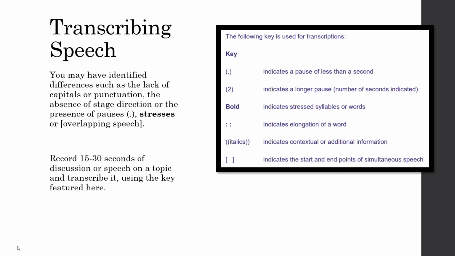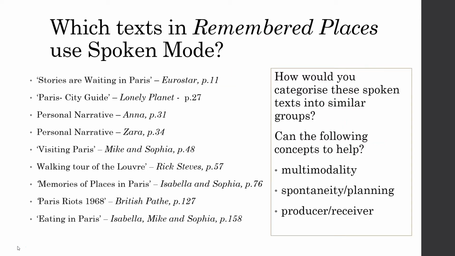And you'll actually find that during that you make decisions about how to represent the features of your spoken language, and the way that you actually transcribe it will affect the way that perhaps another person who hadn't heard the conversation or the speech would actually get meaning from the transcript. So a transcript is a representation of spoken language, and one that you'll be familiar with as you study this.